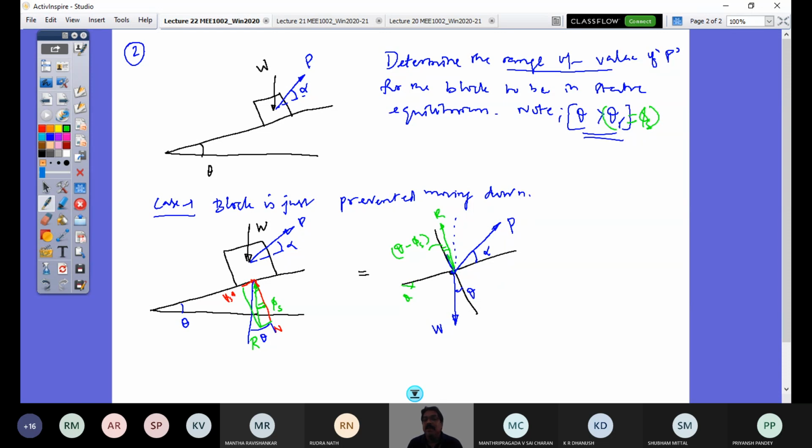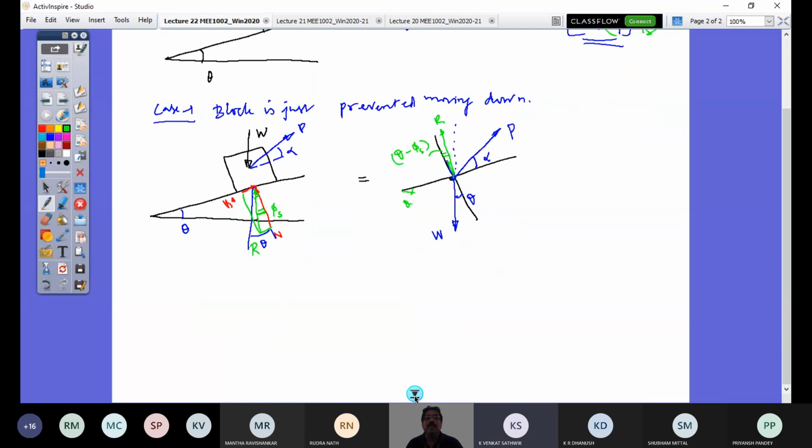Sir, please once explain theta minus phi s. Look at here, what is this angle? This is phi s, which is reaction R to the normal. And the angle between vertical and normal is theta. So this angle, whatever I represent, is to the normal now, right?